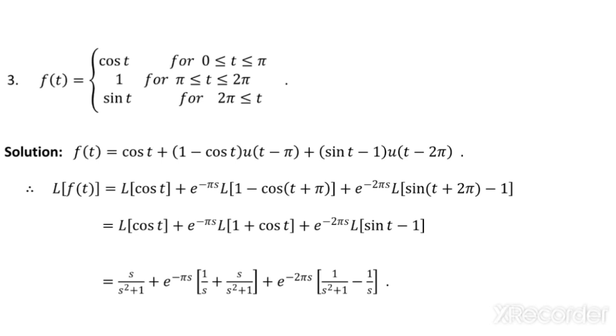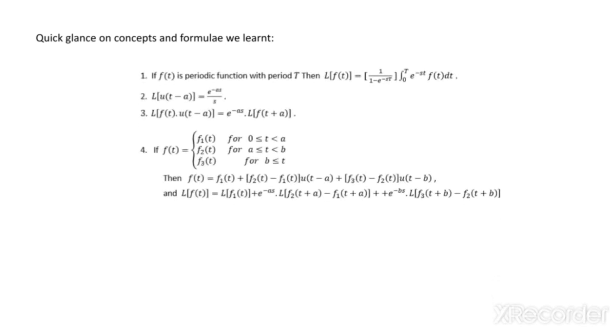What we have taken in today's class, we can have a look at it. So here we go. What we have taken is the Laplace transform of f of t, where f of t is a periodic function. So remember that result. For the unit step function u of t minus a, the Laplace transform is e power minus as by s, and whenever it is associated with any function into the unit step function, it is e power minus as into the Laplace transform of f of t with t replaced by t plus a.